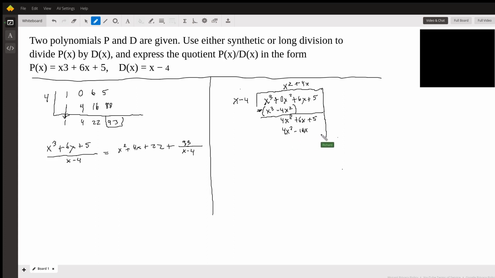Once again, we're going to subtract, so I do this to make sure I don't mess up. So 4 minus 4 is 0. And then a double negative is going to give us a positive 16 and positive 6. It's going to be 22x plus 5.